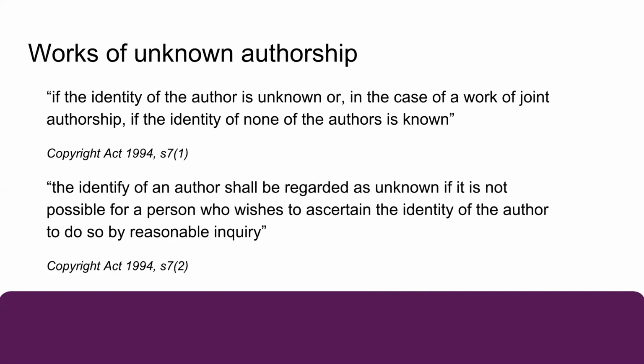In New Zealand, the term for unknown authorship is 50 years after the work is made available to the public by an authorised act. Obviously, you can't have a term that relates to the death of the author since you don't know who the author is.